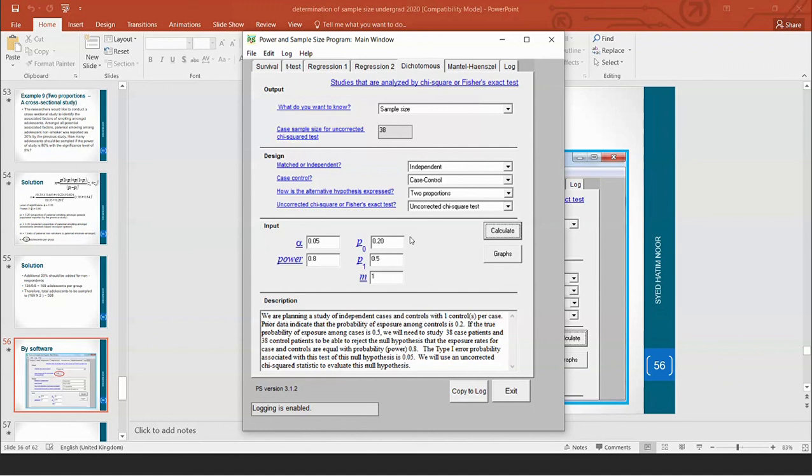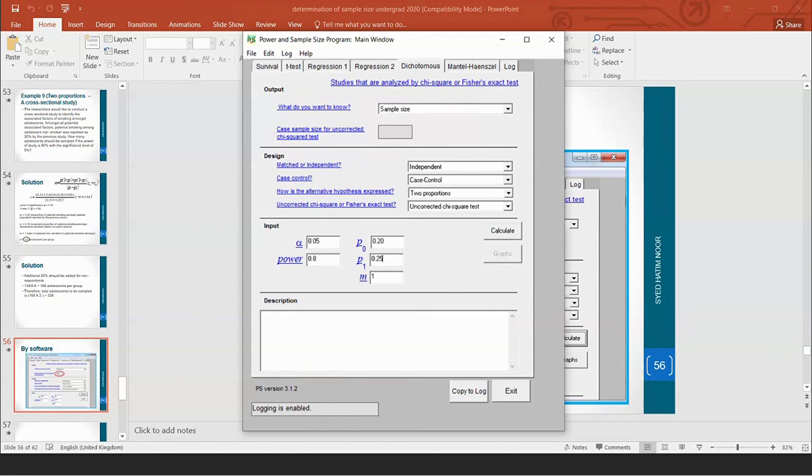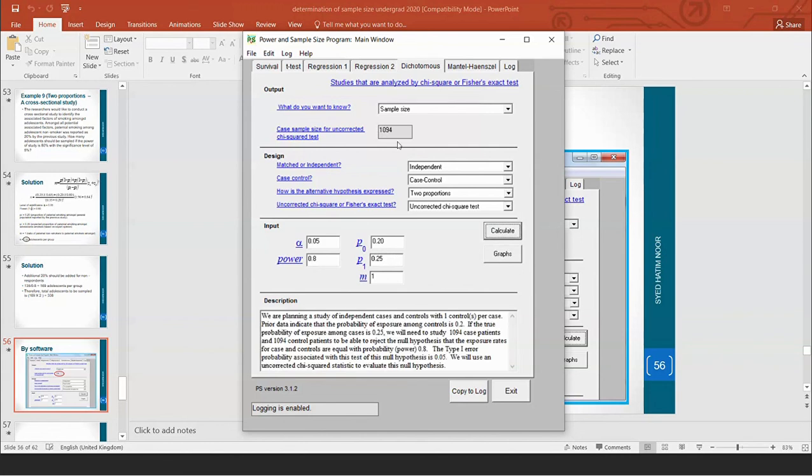Of course, it's your right what you want to put for P1, because it's estimated, but you must justify. If the difference is too big, your sample size is small. If, for example, I think not much different, 25, your sample is 1000 plus. Small difference, bigger sample size. Big difference, small sample size.